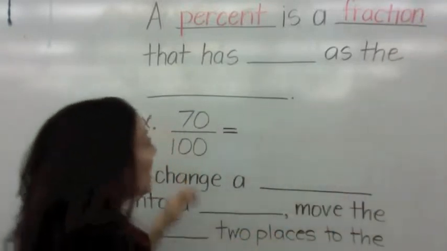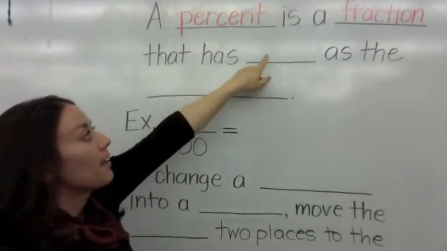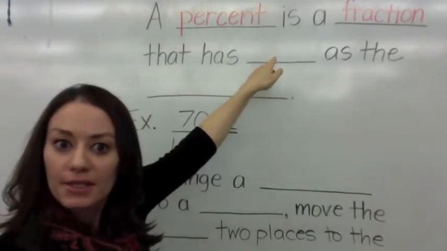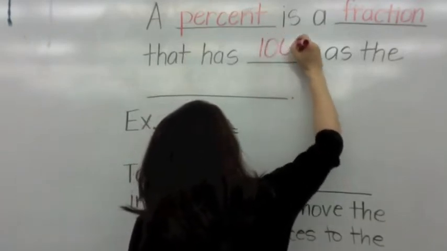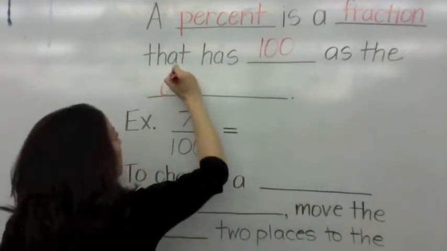Okay. That has what number as the denominator? It's out of what? 100. It has 100 as the denominator.